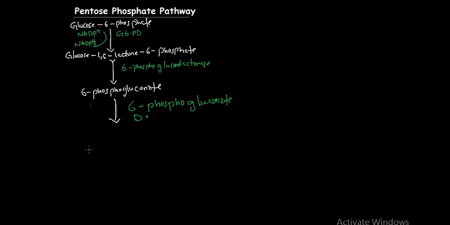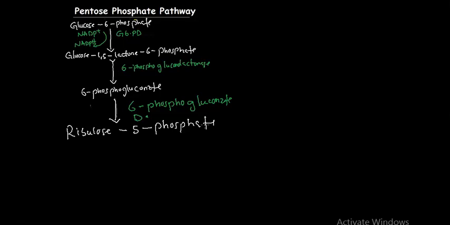What this enzyme does is it simply decarboxylates the 6-phosphogluconate here and converts it into ribulose 5-phosphate. Another molecule of NADP plus is used, and at this point another molecule of NADPH is going to be produced.